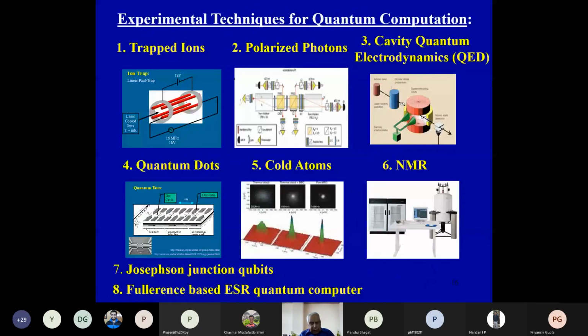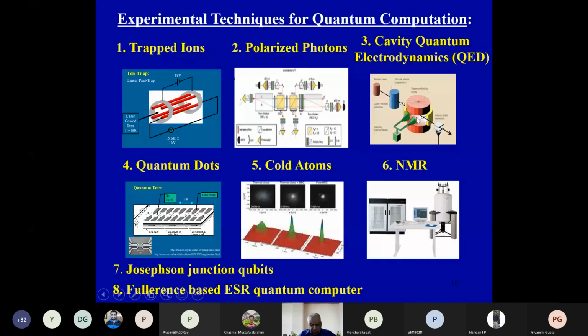There are many experimental techniques which are being explored for quantum computation, and we have not yet come to the last of those techniques. Many of them, trapped ions, for which two people got the 2002 Nobel Prize, polarized photons, lasers, are very active. Right now, quantum communication has been set up through satellite by China and by India also.